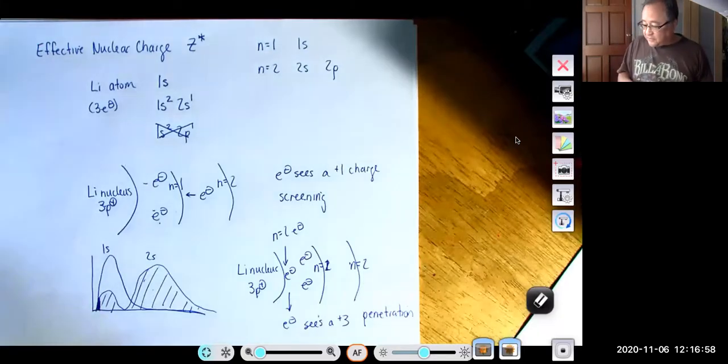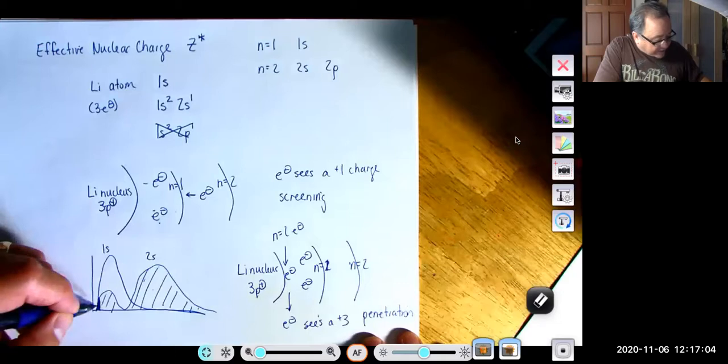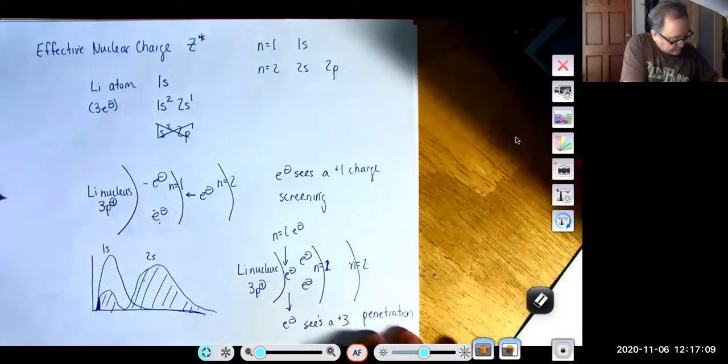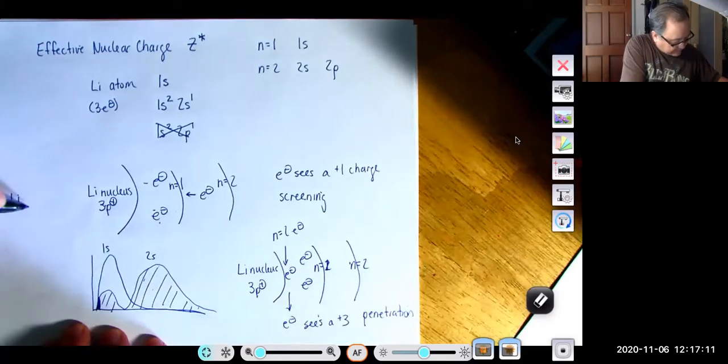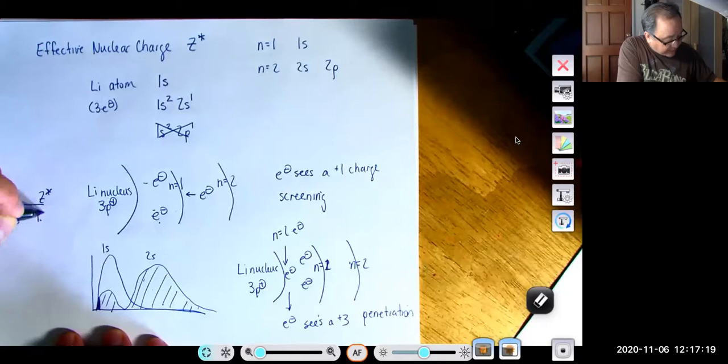So there are some effective nuclear charges given in your book. And here, if you have a 2s electron for lithium, that 2s electron has an effective nuclear charge of about 1.28. Now, if it were a 2p electron, it'd probably be more like a 1.4.